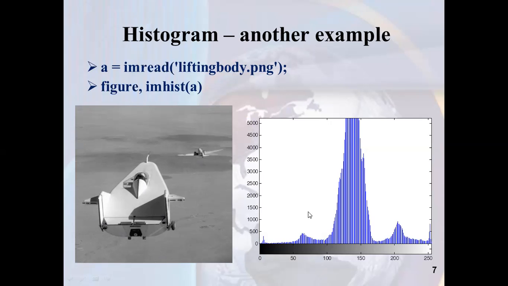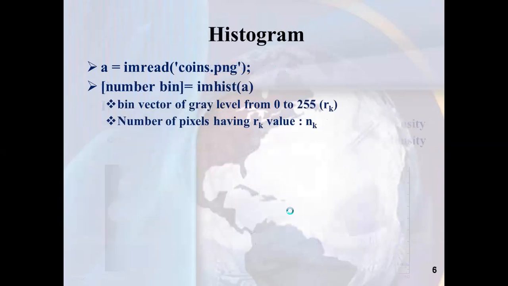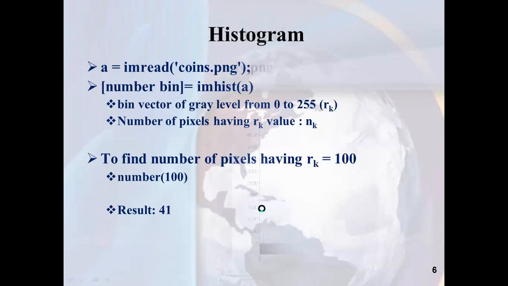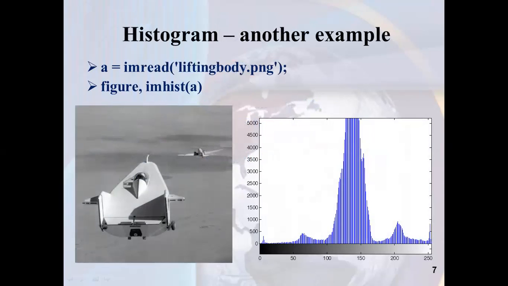In the first example, we have two peaks. So we can divide the scene into foreground and background. So it's clear I can make a classification and divide the image into two classes. But in the second example, we don't have two classes, we have three classes.